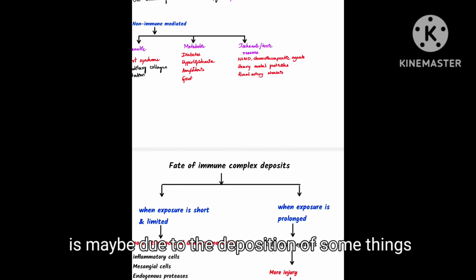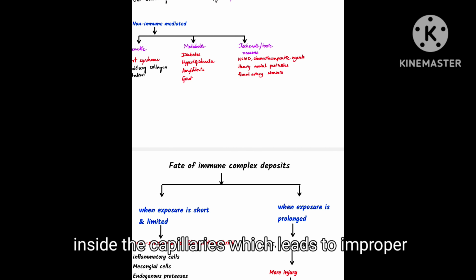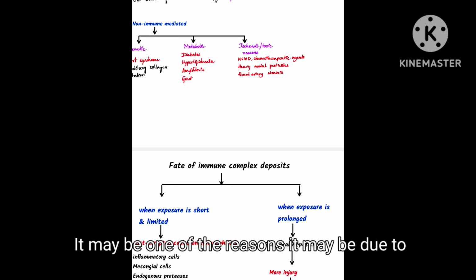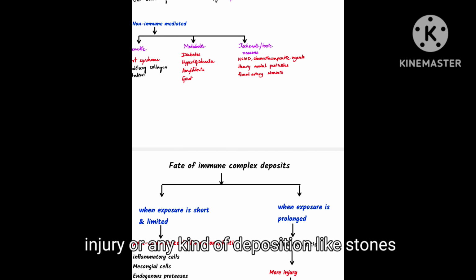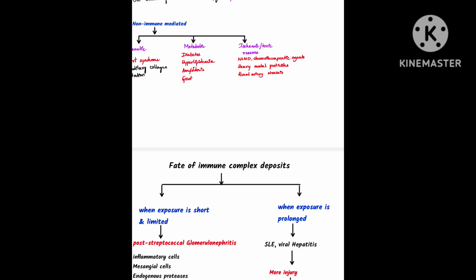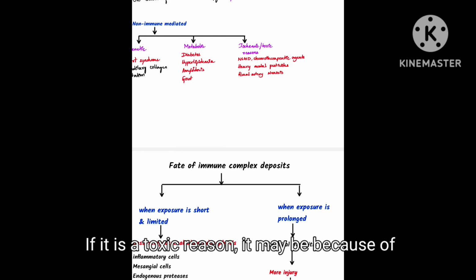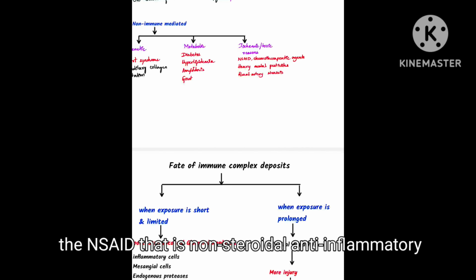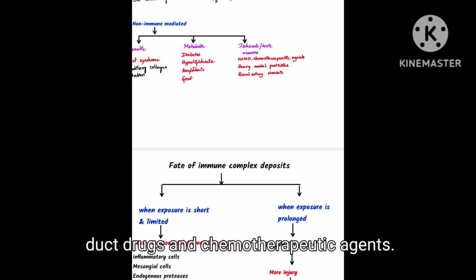Ischemia may be due to the deposition of some things inside the capillaries, which leads to improper supply of blood to the glomerulus. It may be one of the reasons. It may be due to injury or any kind of deposition like stones. If it is a toxic reason, it may be because of NSAIDs, that is non-steroidal anti-inflammatory drugs, and chemotherapeutic agents.